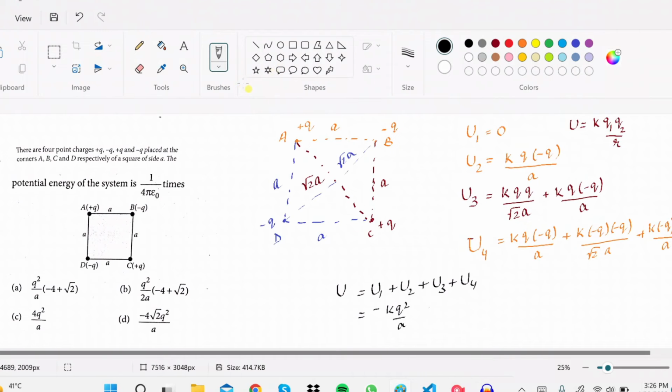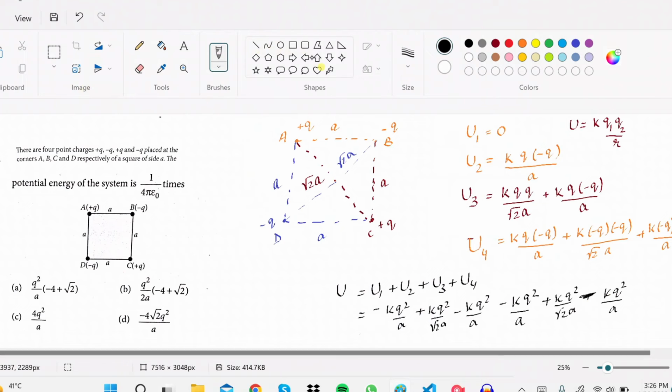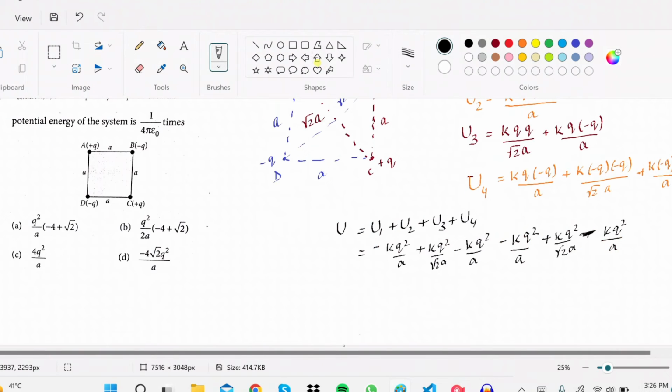U3, plus KQ square by root 2 a and minus KQ square by a. U4, minus KQ square by a, plus KQ square by root 2 a, and finally the last one is negative, minus KQ square by a. I hope this is clear.